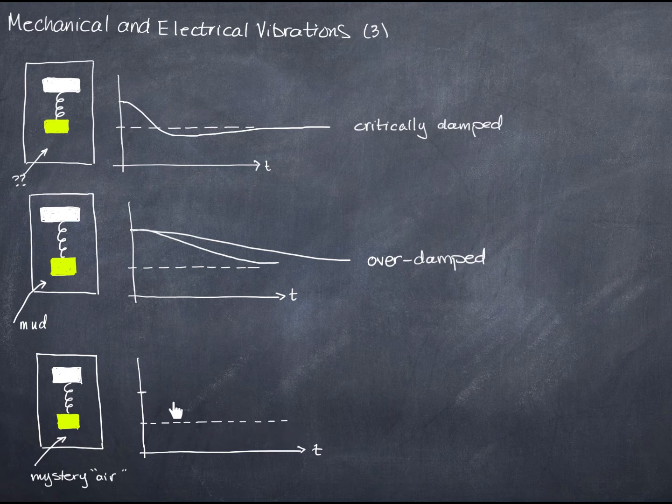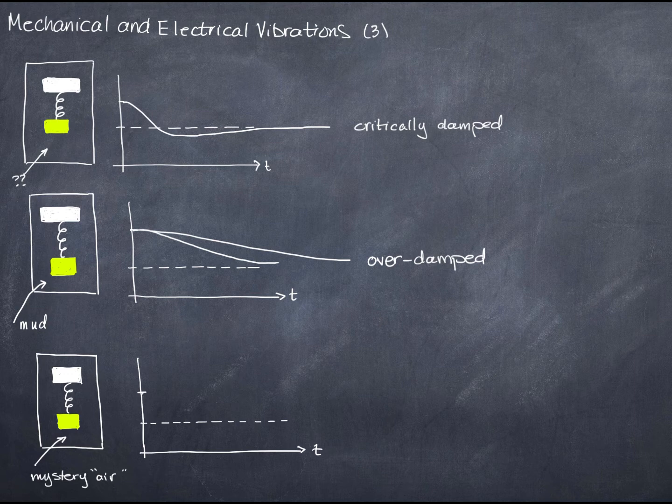It's going to come beyond equilibrium, and that's going to be an overcompensation, so it's going to have to come up above equilibrium, and then that's still an overcompensation, so it'll have to come back down, and so on. And so you end up with an oscillation, and that would look something like this.